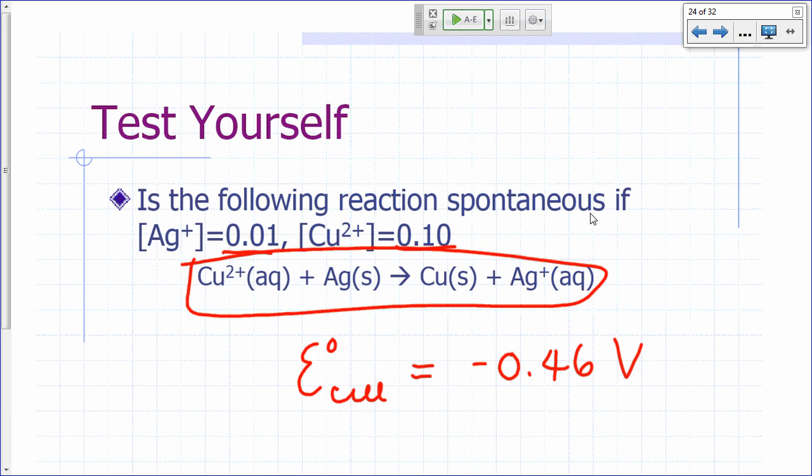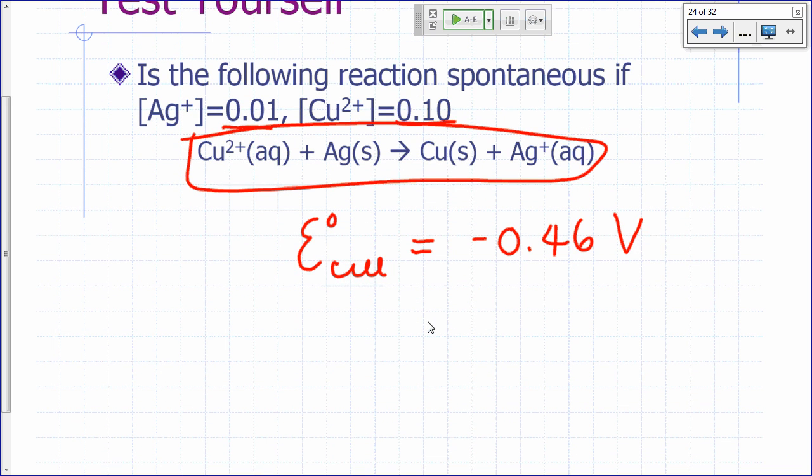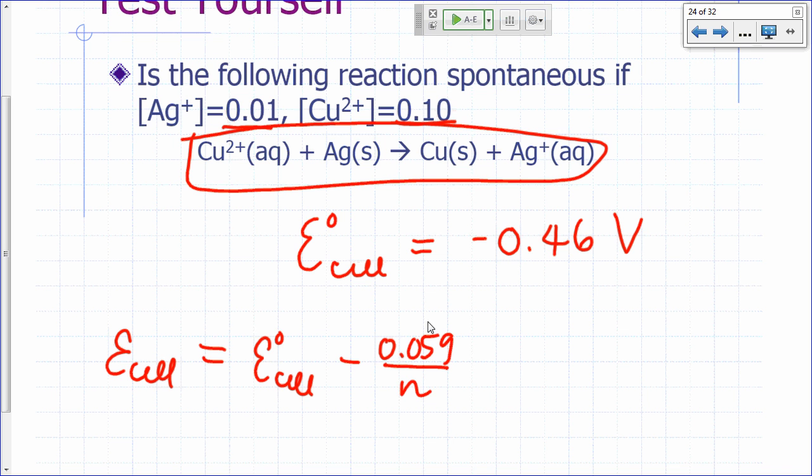How do we solve for the actual cell potential? If we're not at standard conditions, we're going to say it's E naught cell minus 0.059 over N, log of the reaction quotient. What's our reaction quotient here? Remember how to construct the reaction quotient? Products over reactants. What's the activity of copper solid? Activity of a solid is 1.